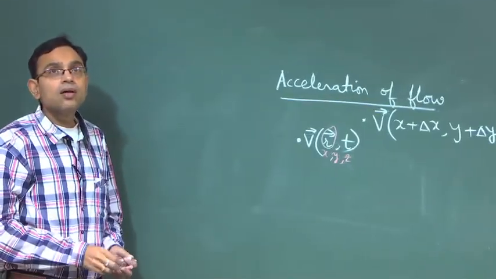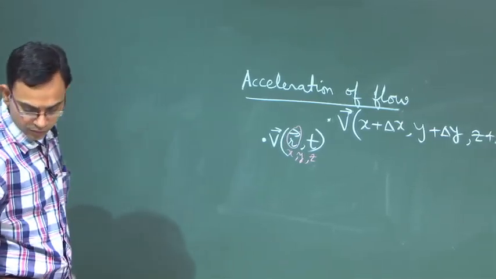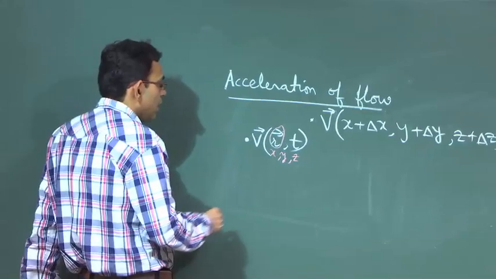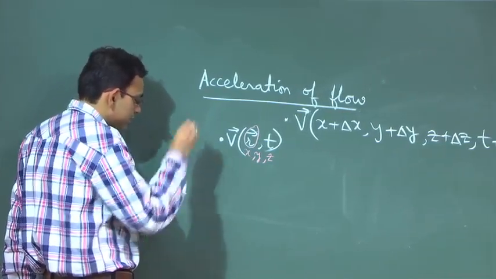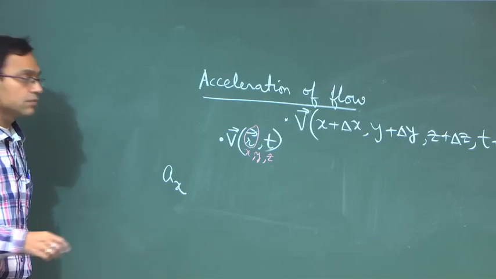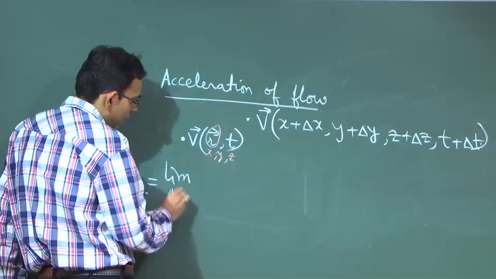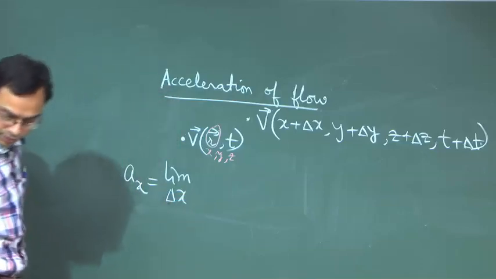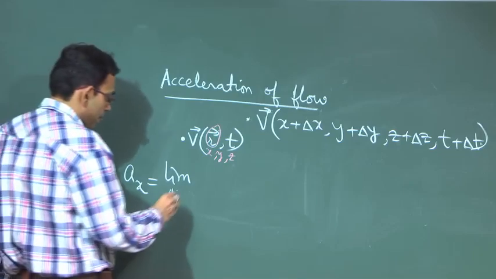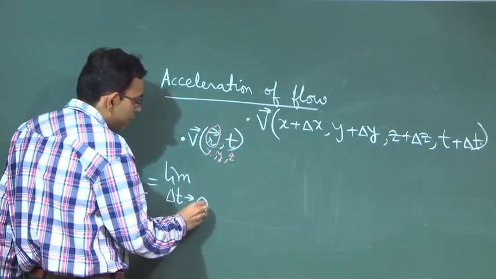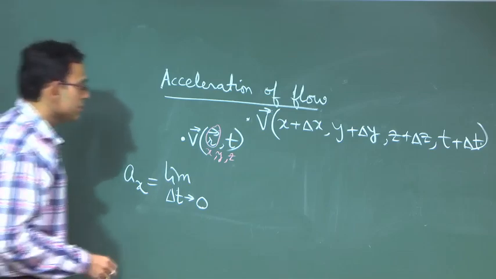Now what is the acceleration of flow? Let us say we are interested to find out acceleration along x. By definition acceleration is what? Time rate of change of velocity. So limit as delta t tends to 0.